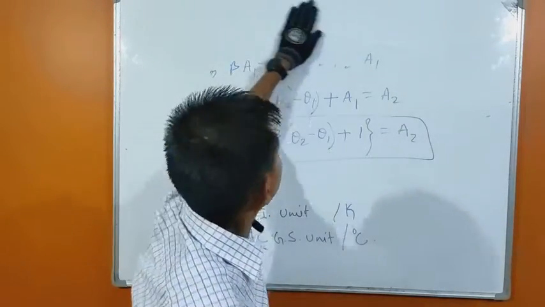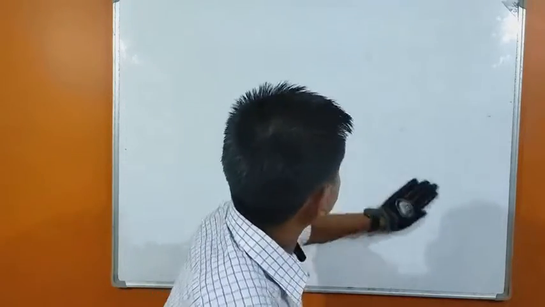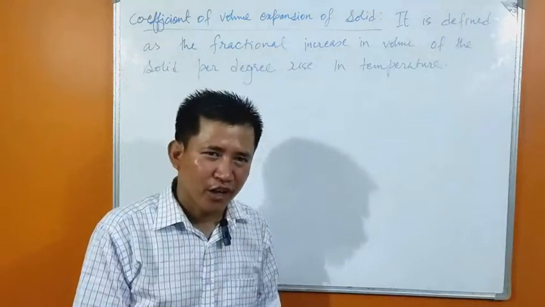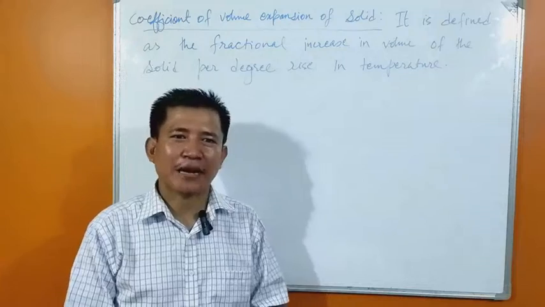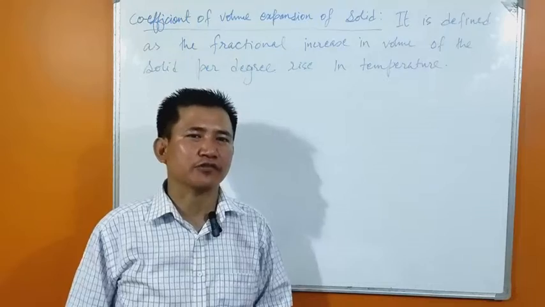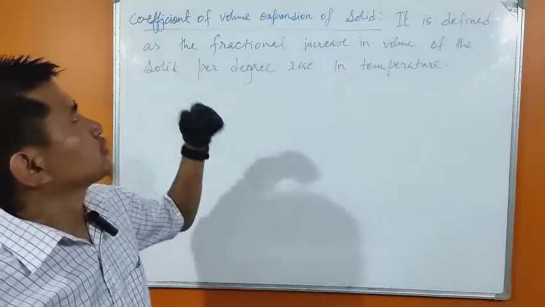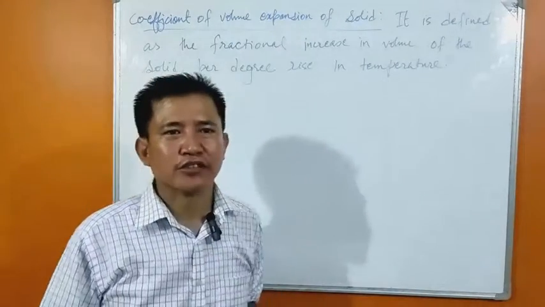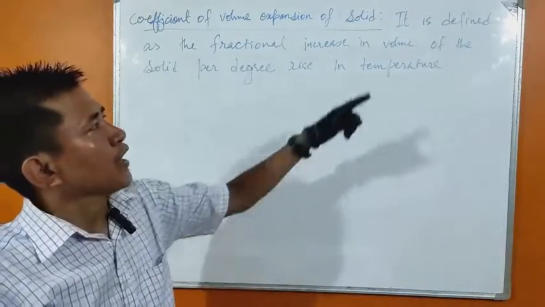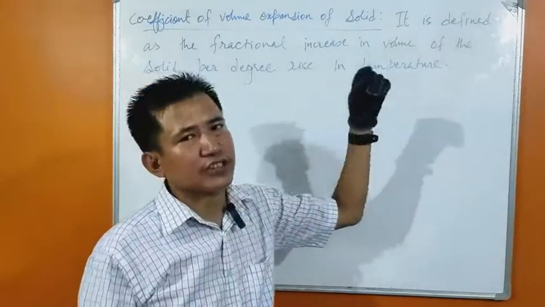Since we understood the coefficient of linear expansion of solid and the coefficient of superficial expansion of solid, now we will move on to the coefficient of volume expansion of solid, or this can be said as coefficient of cubical expansion of solid. It is defined as the fractional increase in volume of the solid per degree rise in temperature.